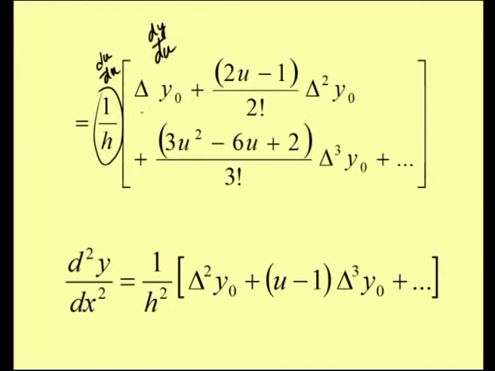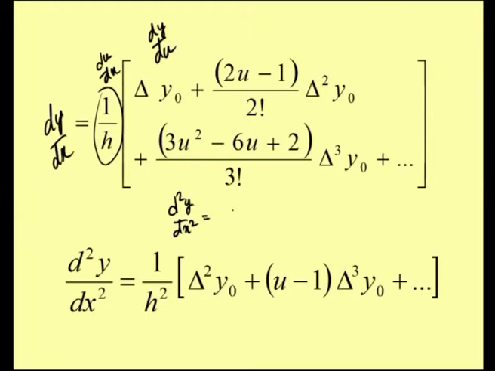Okay. So, del y naught plus 2u minus 1 into del square y naught by 2 factorial plus that third term is differentiated as 3u square minus 6u plus 2 by 3 factorial into del cube y naught plus etc.